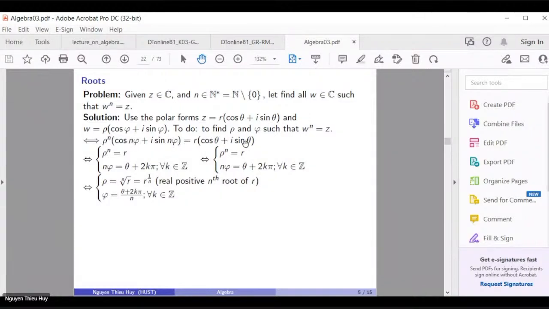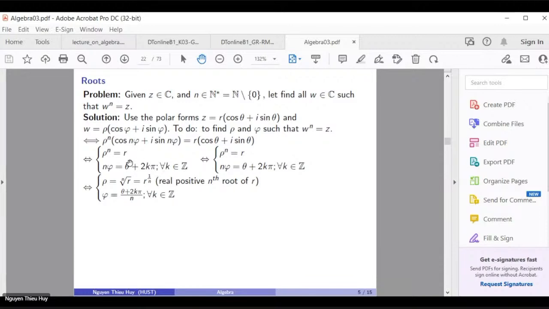And on the other hand, we have z, which is r cos theta plus i sine theta. And now we apply the equality of complex numbers in polar form. So the modulus should be the same, but the argument may differ by 2k pi. So we have rho to the n equals r and n phi equals theta plus 2k pi for all k in z.